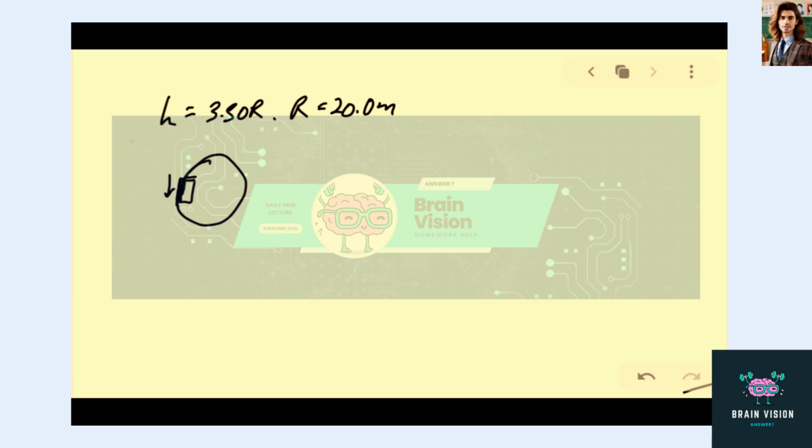So we do the same steps as before. Remember that the speed is governed by the kinetic energy that it has, and the kinetic energy is dependent on the conversion of the gravitational potential energy from point A to point C. And so the difference in gravitational potential energy is mg times 3.5 r minus r.